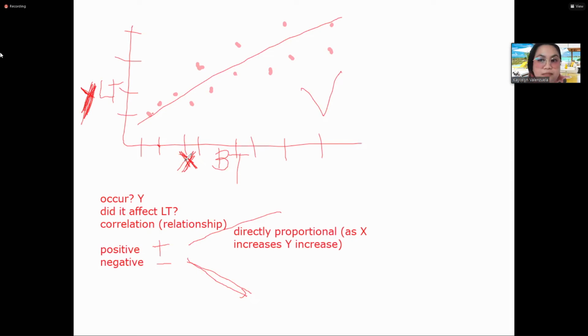Kasi ibig sabihin, mas maganda pa na tumagal yung pag-brew. Ibig sabihin, mas mabilis yung lead time or completion ng isang buong process ko. So, in the data that we have right now, okay siya. Valid siya kapag positive correlation. Okay, clear tayo?